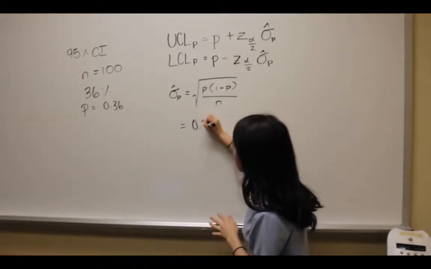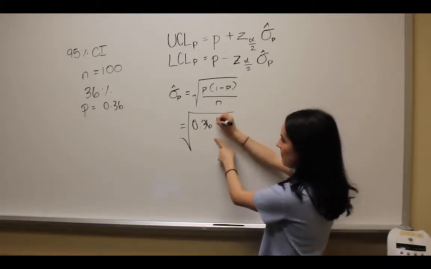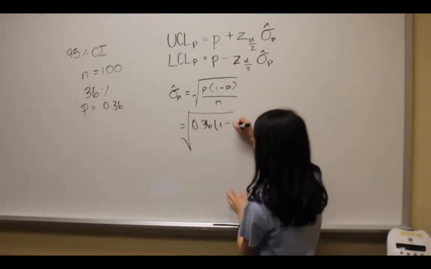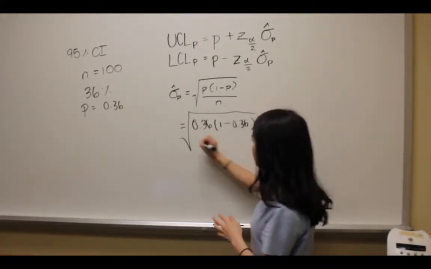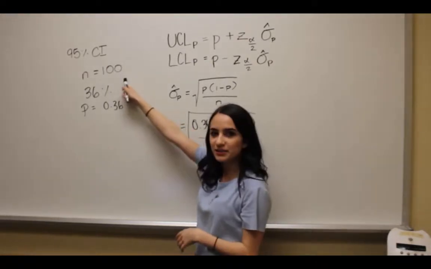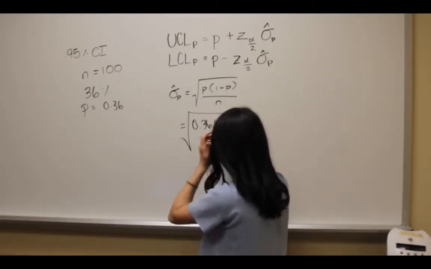So it's the square root of 0.36, and then 1 minus this value, which again is 0.36, and then you put it all over your sample size. And in this case, we said we sampled 100 people to get our proportion, so it's all over 100.